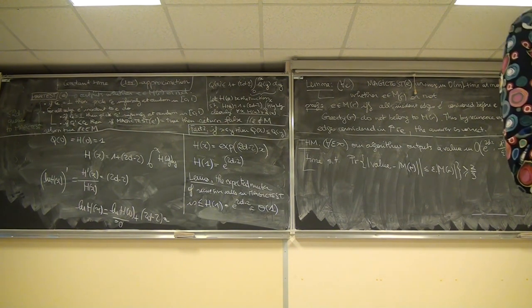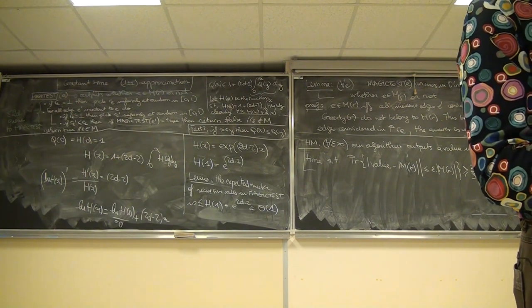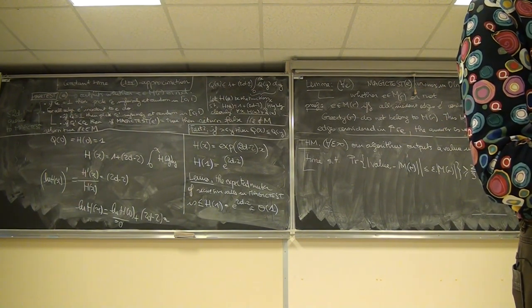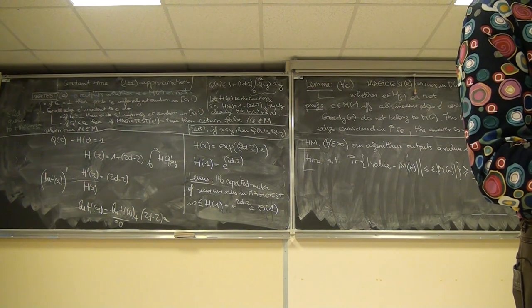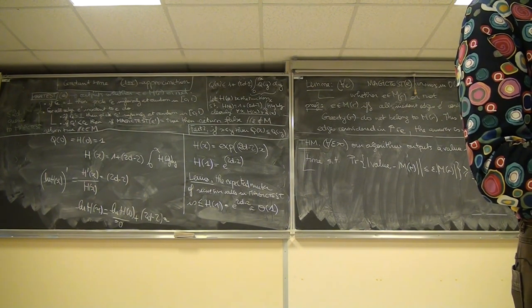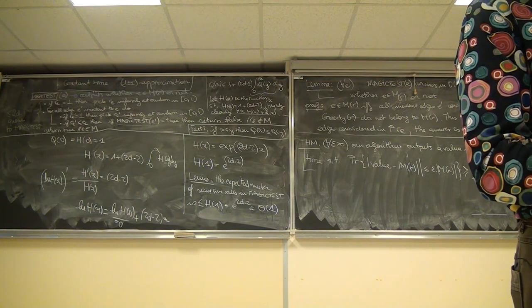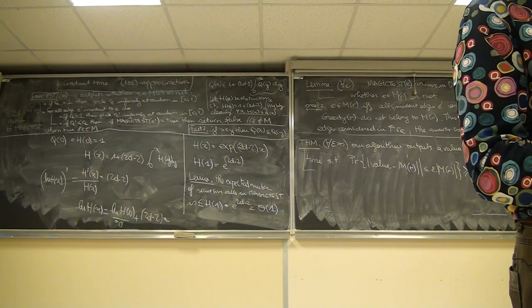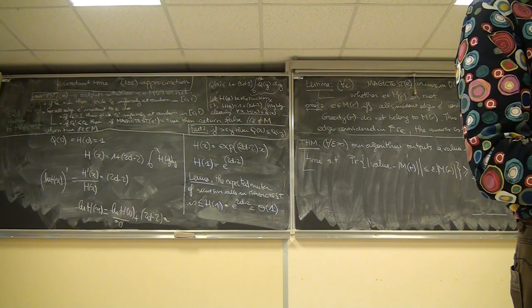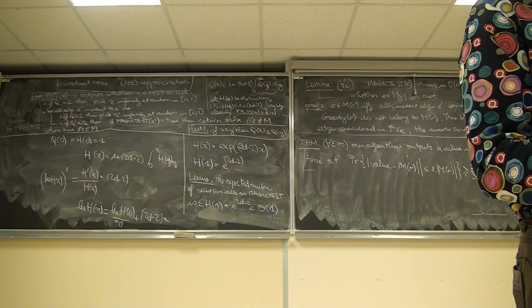Question. The number of recursive iterations is not dependent on n, the size of the graph? No. So if you pick a really big n and you pick a random edge, it means that on average they are not close to each other.